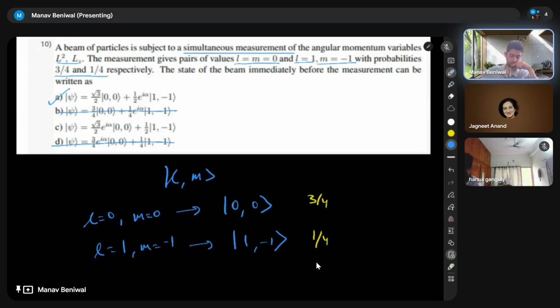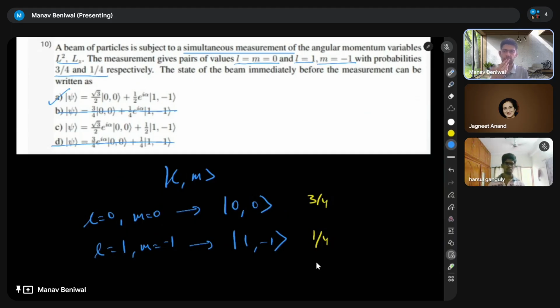Yes, you are correct. So we can also choose option C. It doesn't matter. It will not change the results of the experiments. We will still get the same probabilities 3 by 4 and 1 by 4.